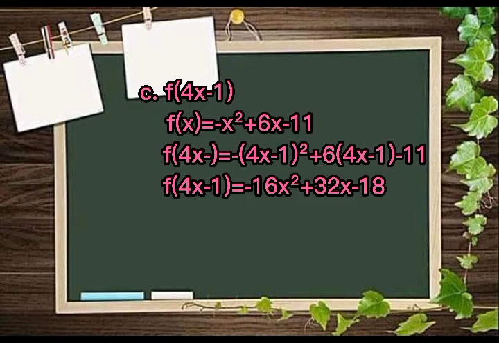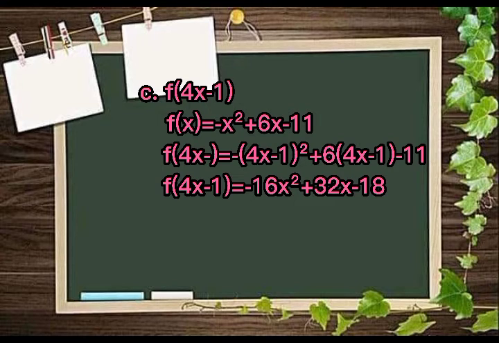So the last problem is f of 4x minus 1. Same process, we will substitute 4x minus 1 for our x. So f of 4x minus 1 is equal to negative times 4x minus 1 squared plus 6 times 4x minus 1 minus 11.